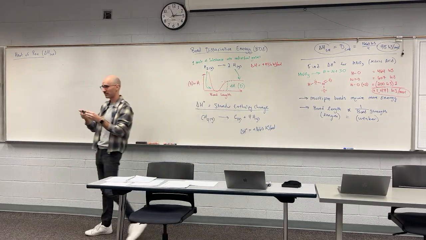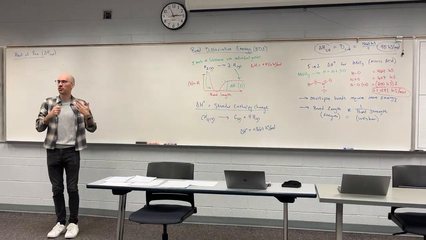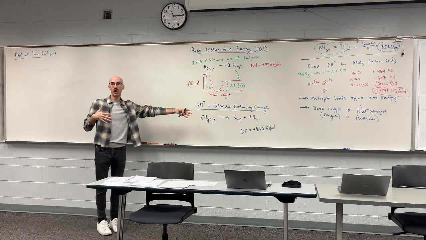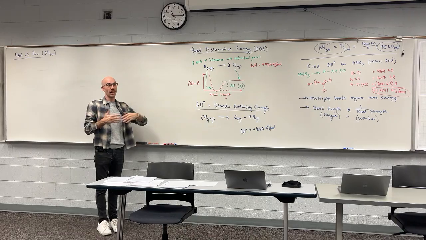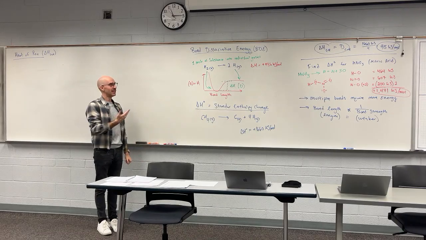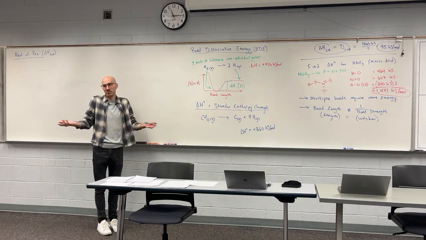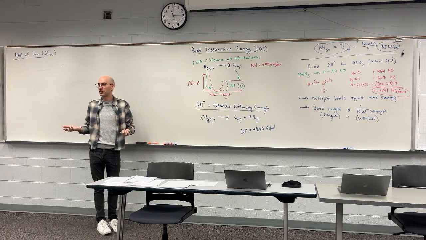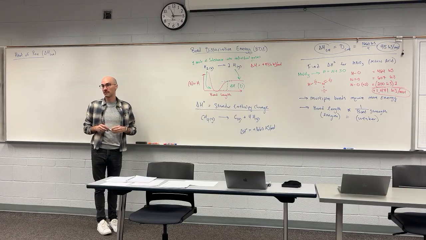Did that do anything to solve the problem? Not really. That's the definition of standard enthalpy change, but unless you know the chemical structure, breaking it down into its constituent gases doesn't tell you what bonds you broke.